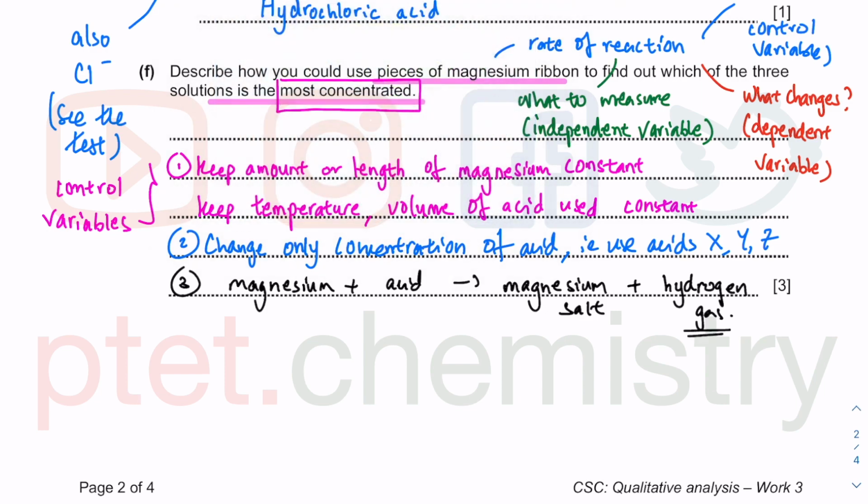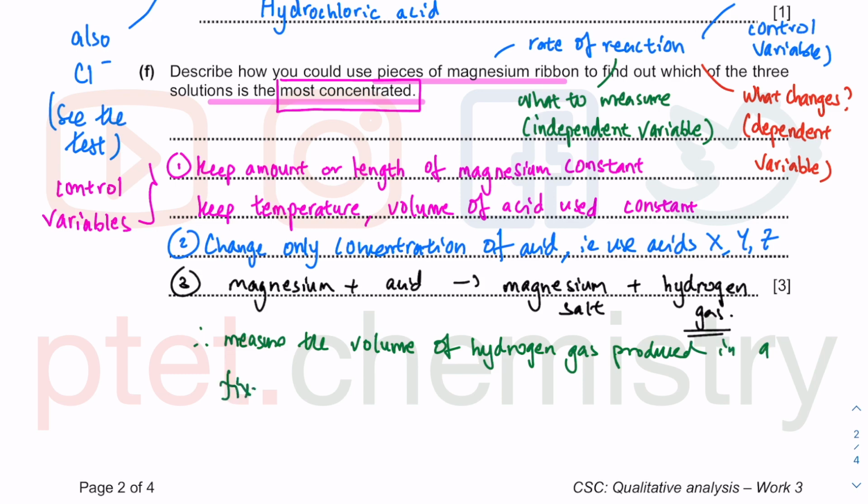So what can I measure? Therefore, measure the volume of hydrogen gas released or produced in a fixed time, in a given time.